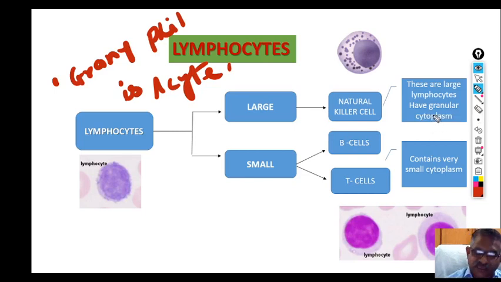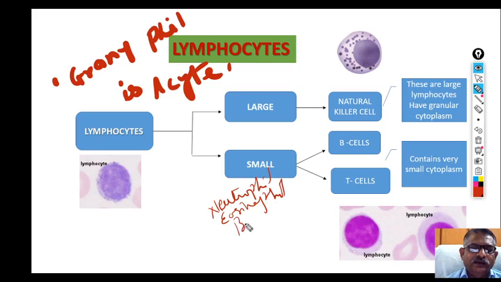What does this mean? Granny fill means granulocytes end with "fill": neutrophil, eosinophil and basophil. These are granulocytes.